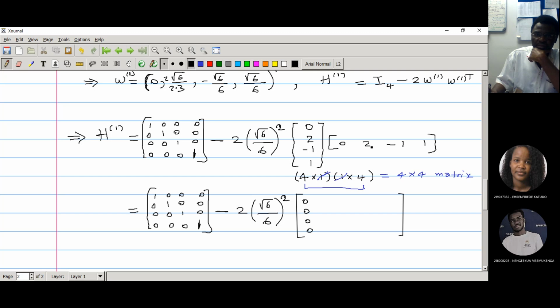Now, the second column is this one. So I will take that and I will multiply each entry here, and that will give me the column. So that will be 0, 4, -2, 2, right? Similarly, I take this, multiply all that, that will be my third column. So I will just negate all the entries.